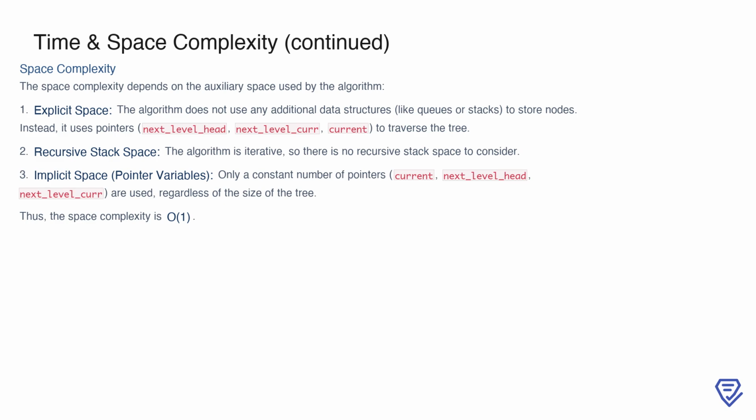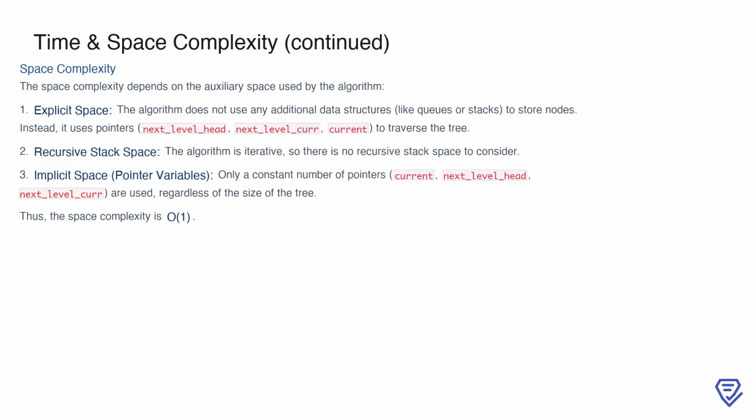Now let's evaluate the space complexity of this algorithm. Unlike other approaches that use auxiliary data structures like queues or stacks to manage level order traversal, this solution relies solely on a few pointer variables: current, next_level_head, and next_level_cur. These pointers allow us to traverse and manage connections between nodes without requiring additional space proportional to the size of the tree.